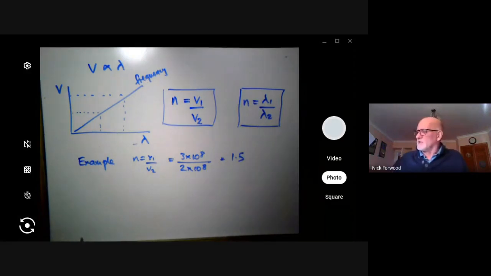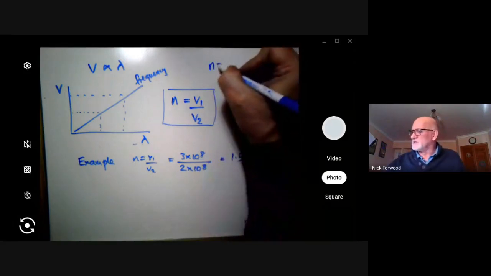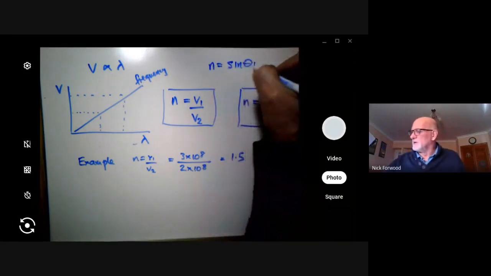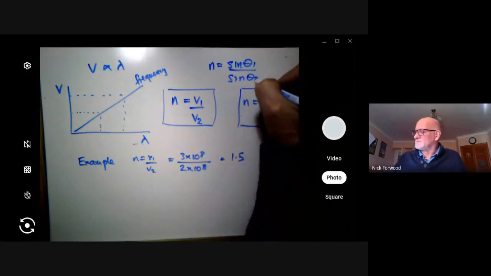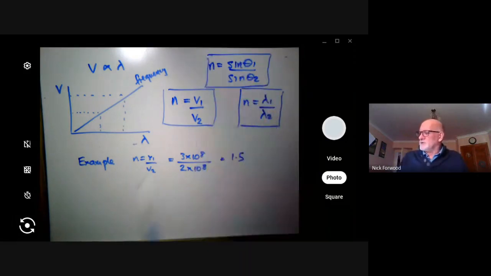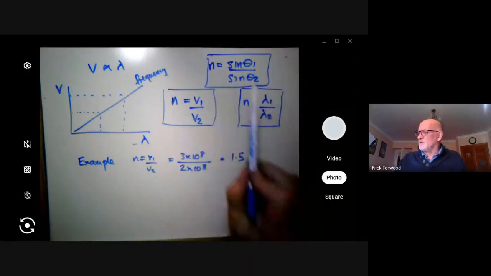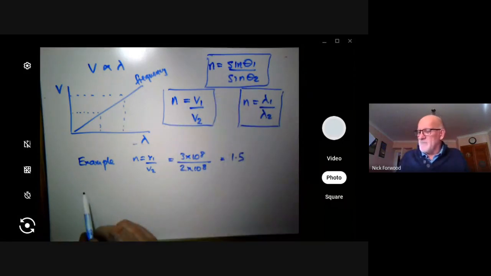Now we've also got Snell's law, and Snell's law that we did in video number 2 is sine theta 1 over sine theta 2. That's Snell's law on its own, but you'll see that each of these 3 formulae involves n, so we can get, well, like 1 mega formula.